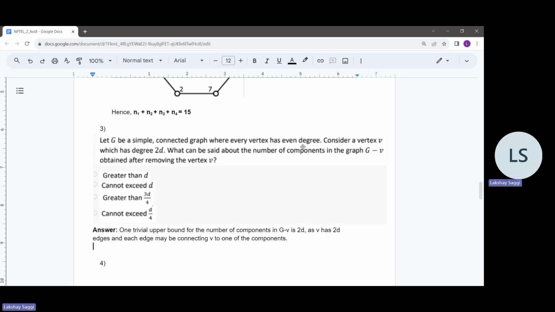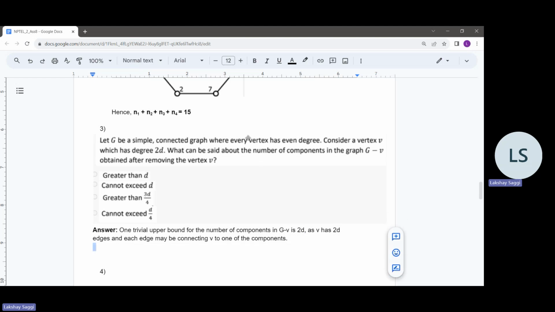Because of this even degree, what I'm trying to say is we can improve this 2D bound even further. Like we can reduce it. Improving an upper bound is essentially saying that we can reduce that upper bound's value. So it's given to us that in this graph, the number of components can be 2D.